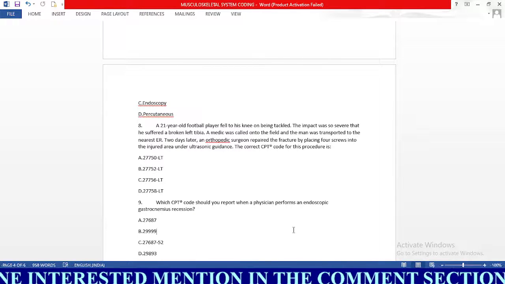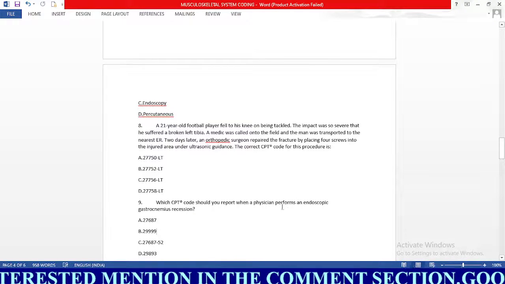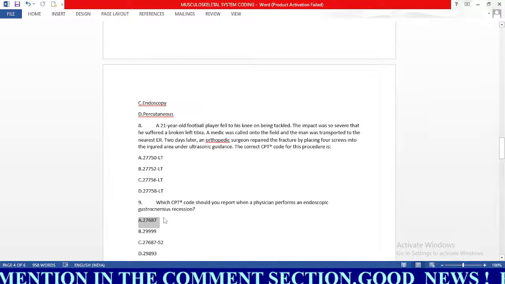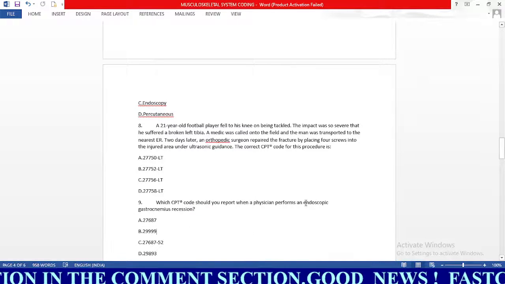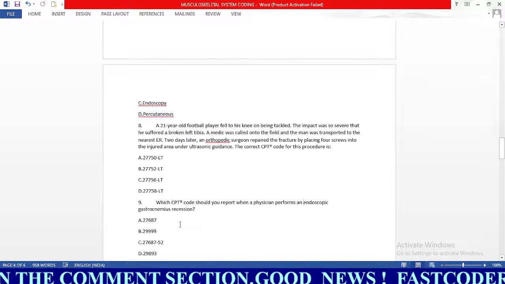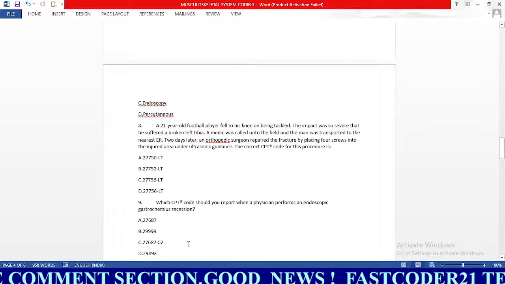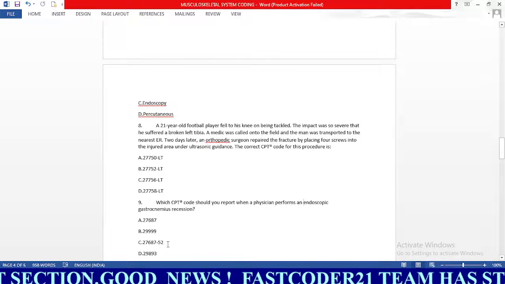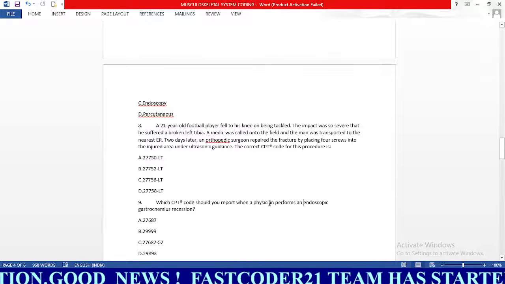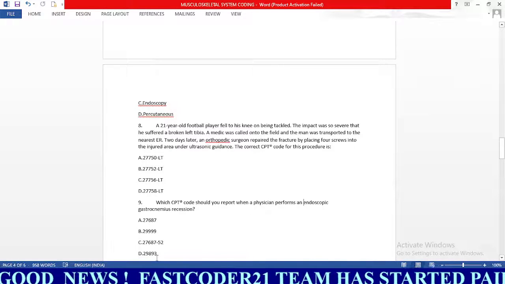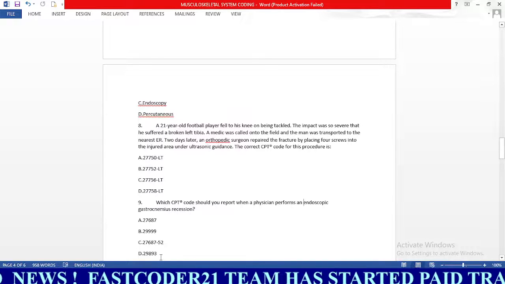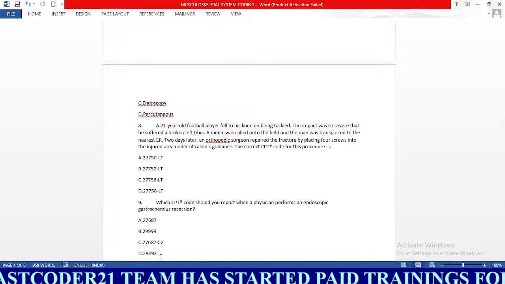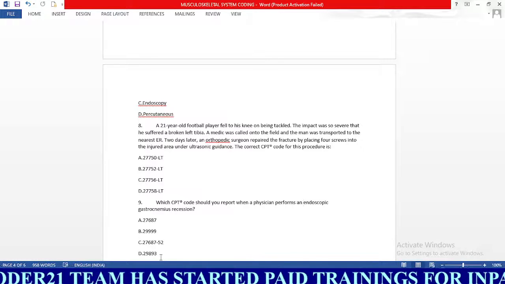As here the physician performed an endoscopic procedure, we can't code an open procedure code here. 27687 is the open procedure, so we can eliminate it. Even the 52 modifier is for reduced services, but here there is no reduction of services by the physician. 29893 is for endoscopic plantar fasciotomy, and the physician did not perform any fasciotomy here.